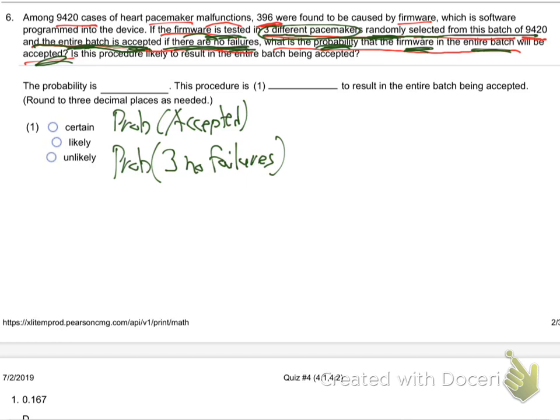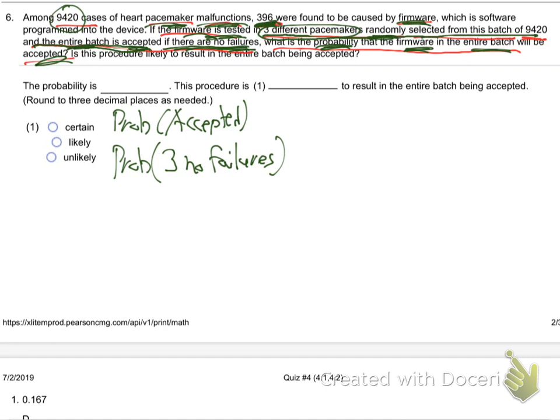They use statistics and probability to figure out the chance that a bad one's going to get by, or the chance that this is going to work well. So that's what we're doing here. They have 9,420 of these pacemakers that malfunctioned. 396 of them malfunctioned because of the firmware, which is the software programmed into the device.